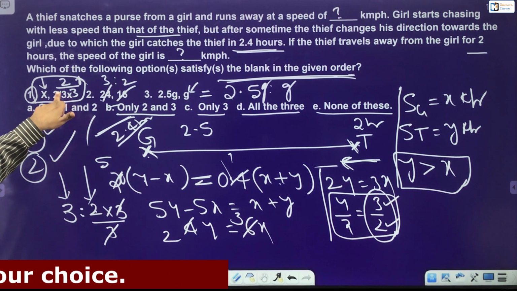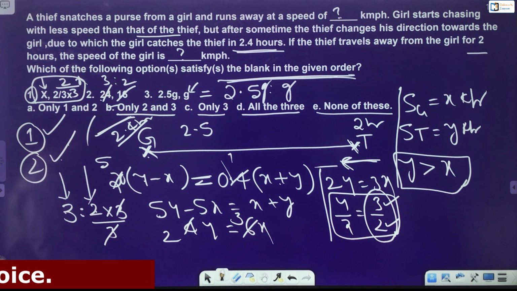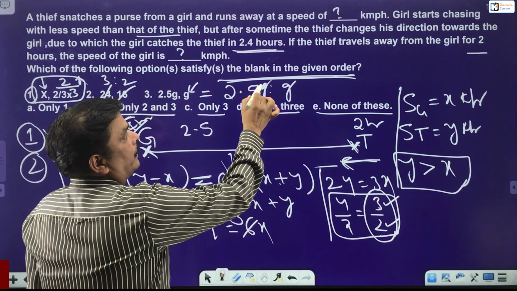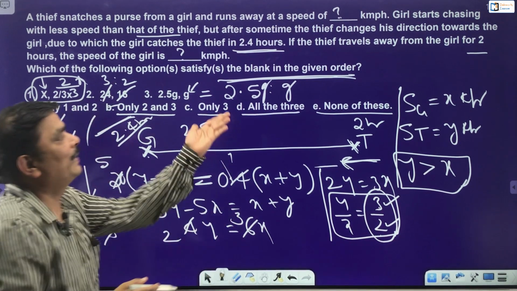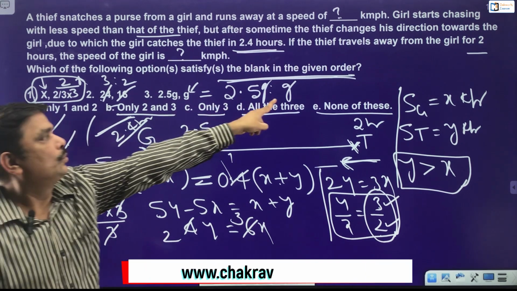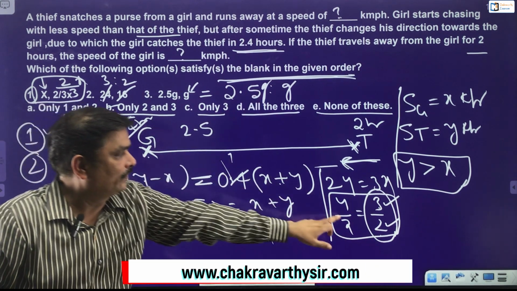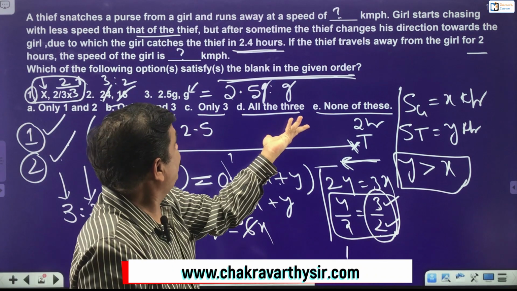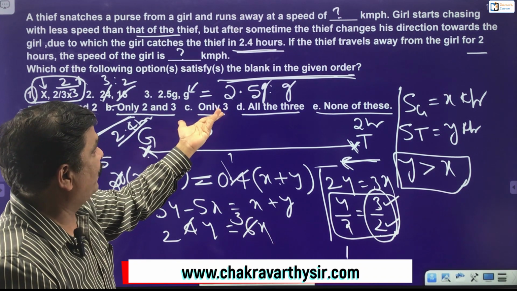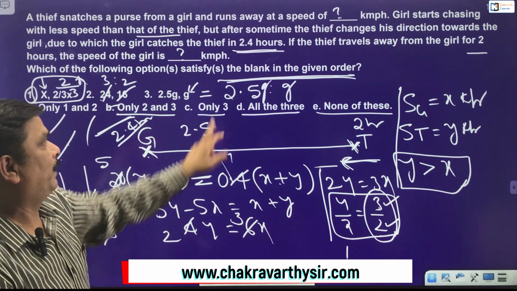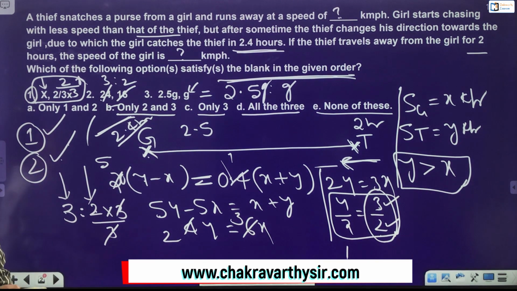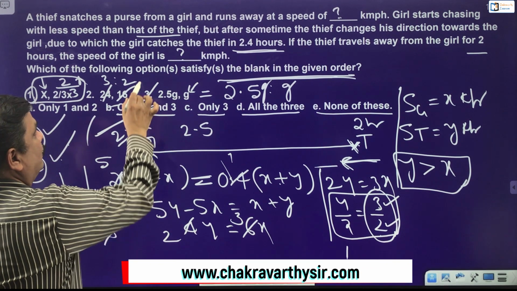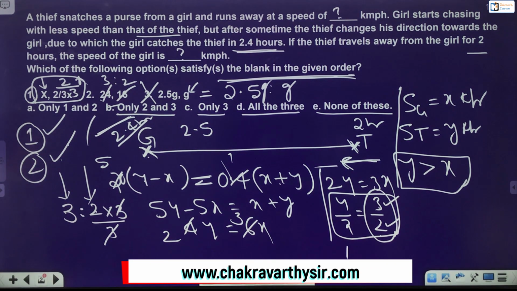If you keep this one as 3 and that is 2 here, these two are not matching with 3:2. Isn't it not matching there? Of course, right? If it is 1.5g, of course it is matching, but for 2.5g it is not matching. That means I cannot satisfy the third one.